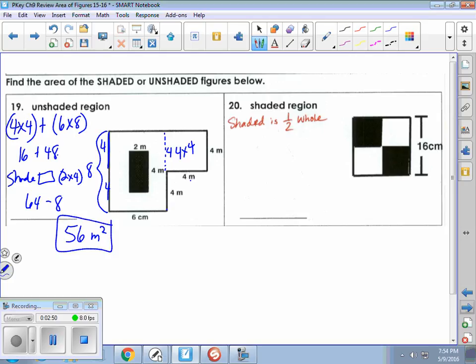The shaded is half the whole. It's fourths if I do it, but 2/4 is pretty much a half. So the whole thing is 16 by 16, or 16 squared, 256. Half of that, basically, I'm taking half of 256, 128 centimeters squared. So that takes care of those two.